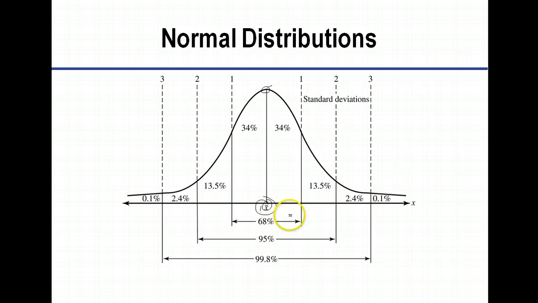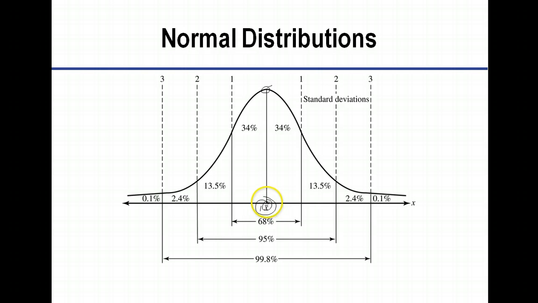What's interesting to note about the graph here is that these vertical lines represent standard deviations away from the mean, and the percentages represent the amount of the data that would be, for example, one standard deviation away from the mean. Let's say for fun we had another data set and we found our standard deviation was 5.